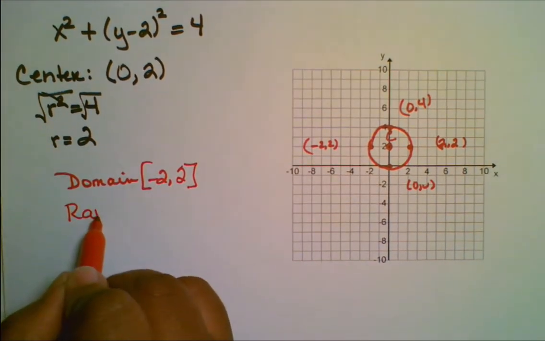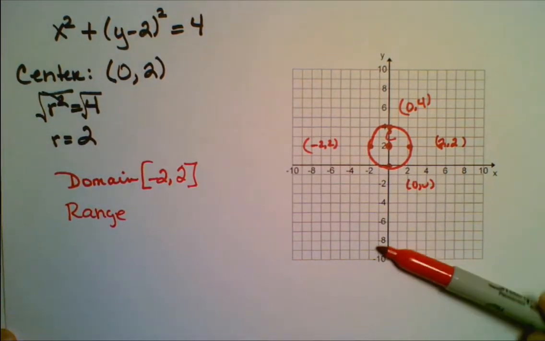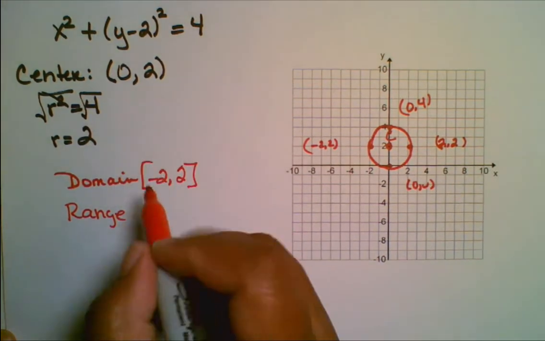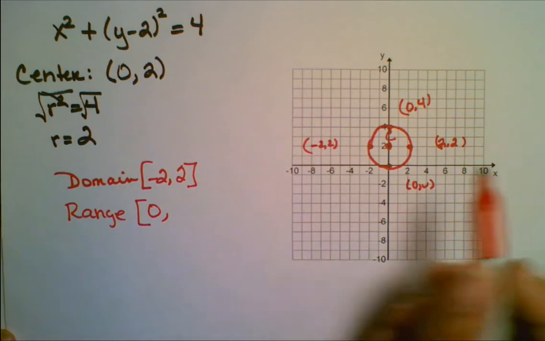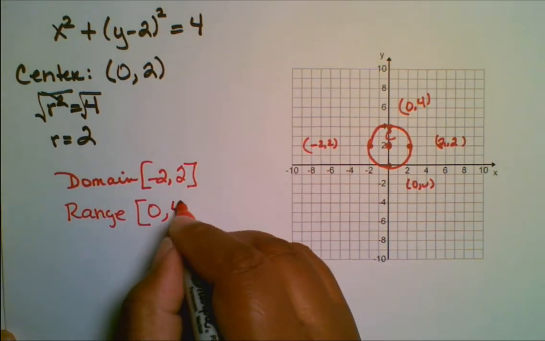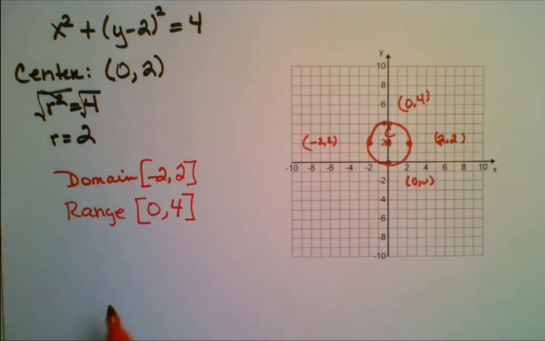Our range, we're starting here at 0, 0. So this we're saying 0, and it goes to 4. There we go. We have a circle that's graphed, which allows us to identify the domain and range.